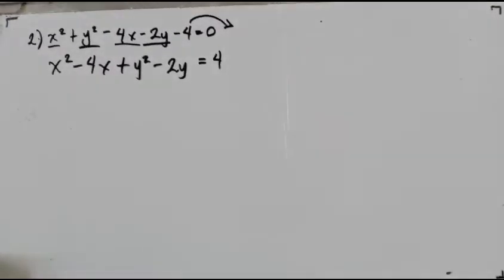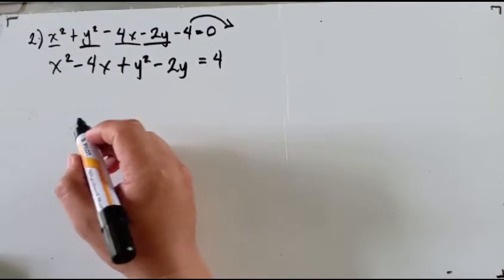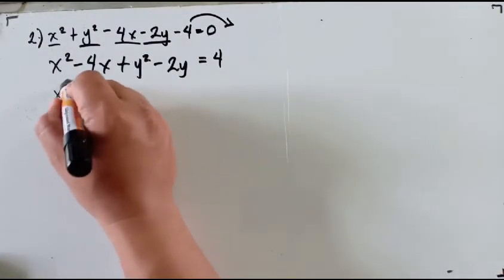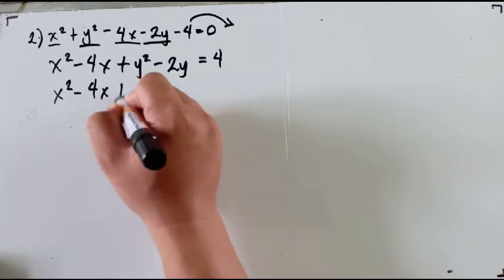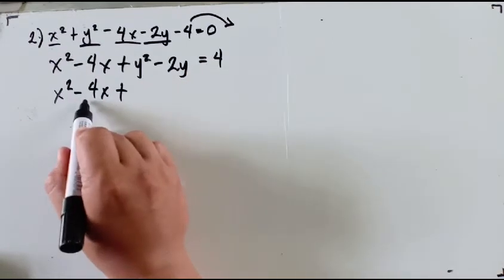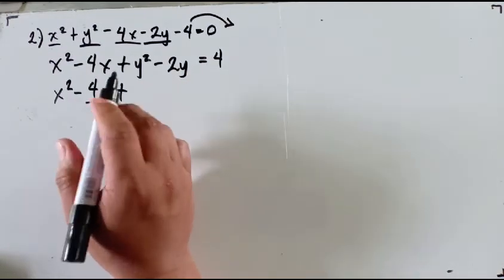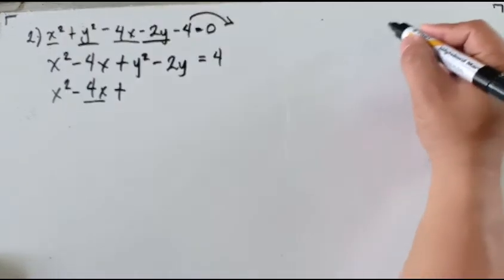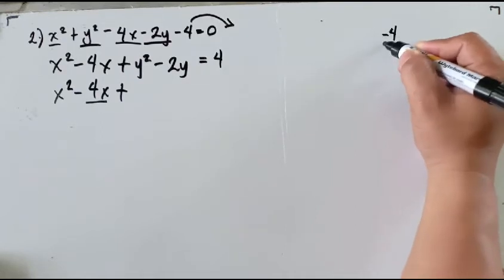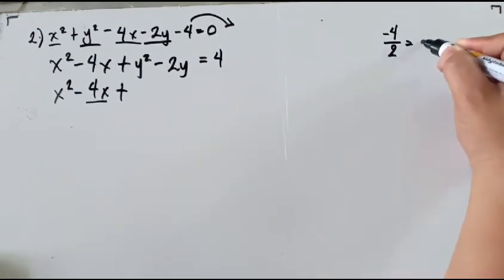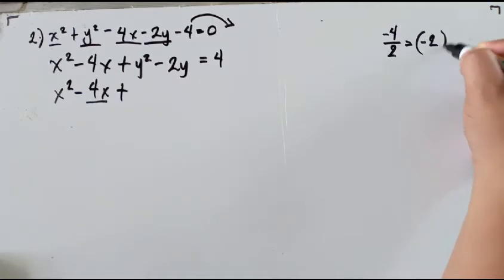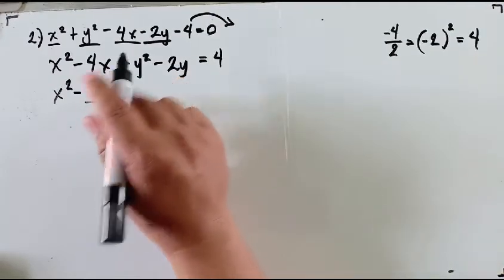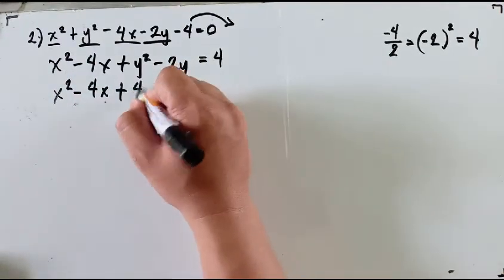Then let's apply the completing the square method. x squared minus 4x plus the square of half of the middle term. Let's take this as our scratch: negative 4, get the half first, this would be equal to negative 2. Then take the square of it, so this becomes positive 4. So let's add positive 4 here.